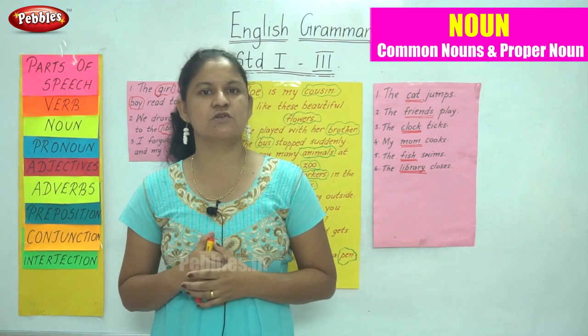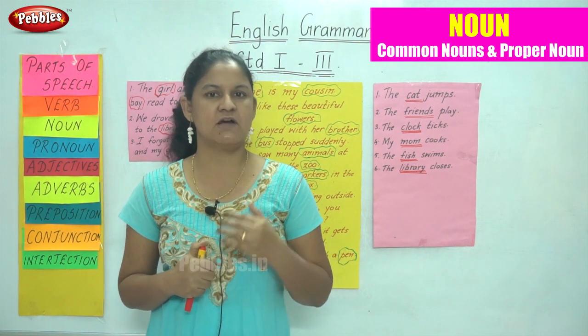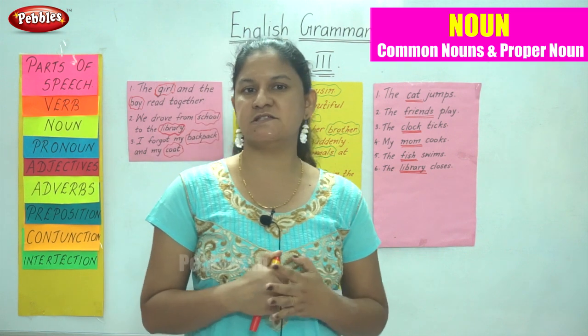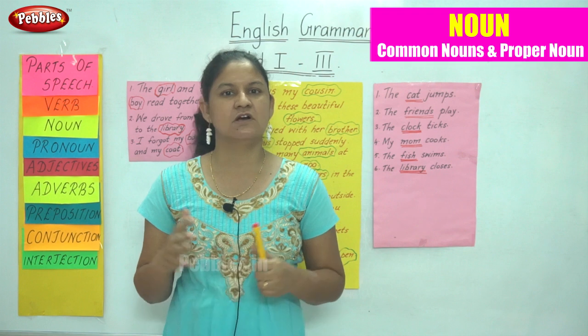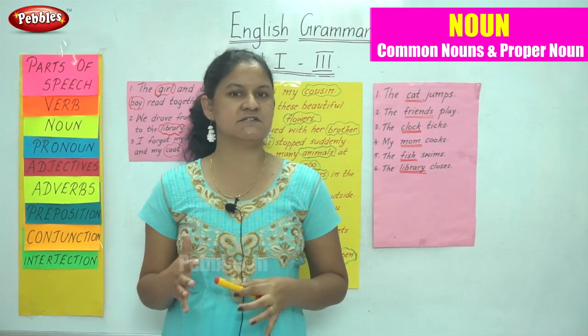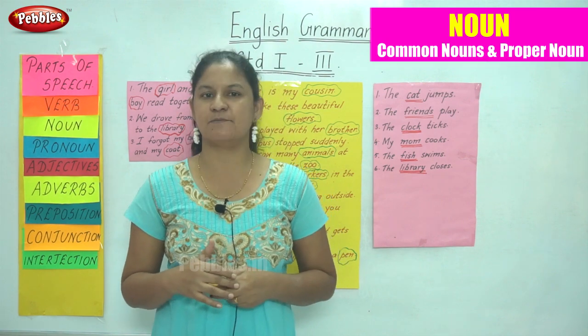In today's session we have discussed proper noun and common noun. Proper nouns are the specific names of persons, places and things and always begin with a capital letter. A common noun is the name of persons, places, animals and things and does not begin with a capital letter.